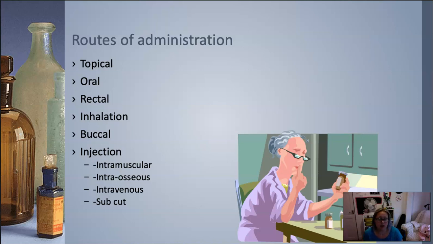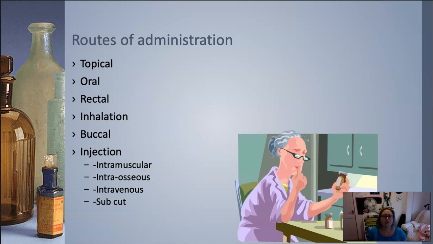When we think about injections that tend to be given subcutaneously, such as insulin or tinzaparin, these are things where we want a slow release of the medication over a period of time to have a therapeutic effect upon the body.